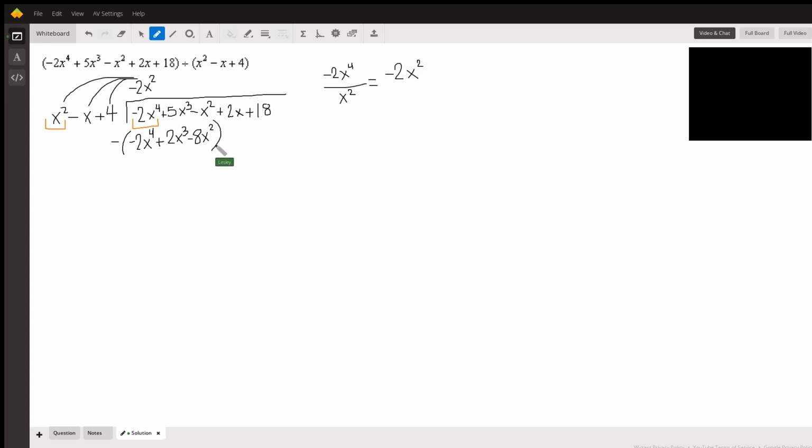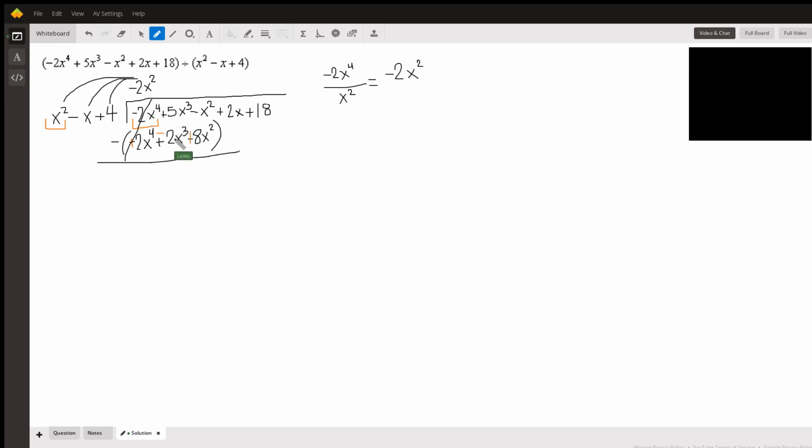All right. Then, based on this, I'm going to change my signs. Negative, negative, make a positive. Positive, negative, make a negative. Negative and negative make a positive. Okay, so this cancels out.